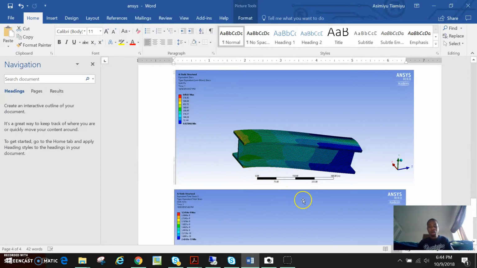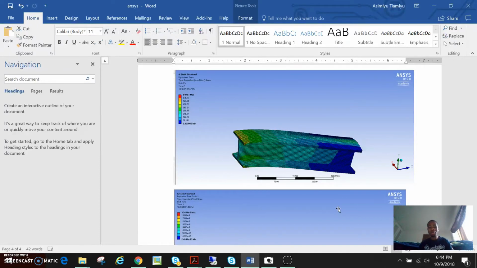I just want to give you a brief explanation of my video and the project that I want to do, to see how we can verify the plastic deformation. We don't want this to occur, and the only thing that we do in engineering is apply a factor of safety. The factor of safety will limit the maximum load that should be applied on this beam.